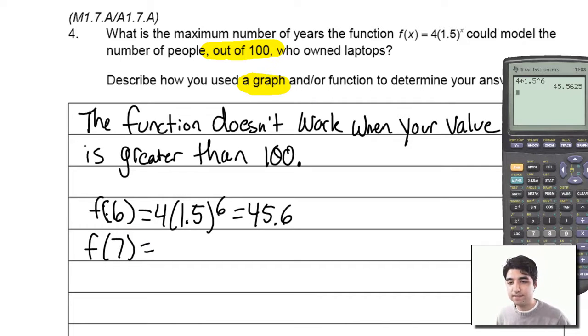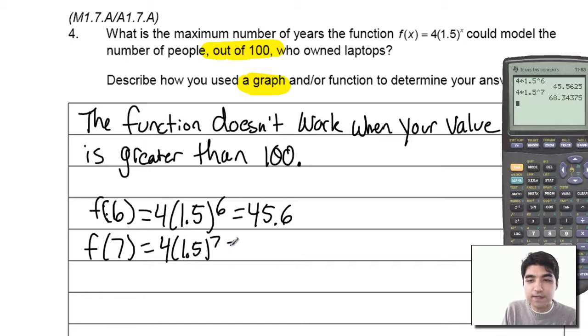F of 7, 4 times 1.5 to the 7 power. Oh, okay, so it's not 7 yet. So 4 times 1.5 to the 7 power equals 68.3.